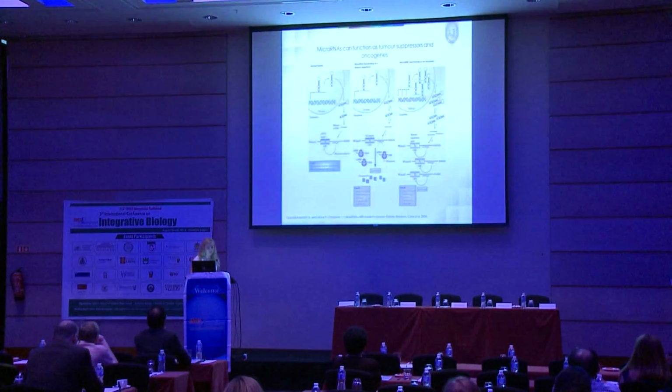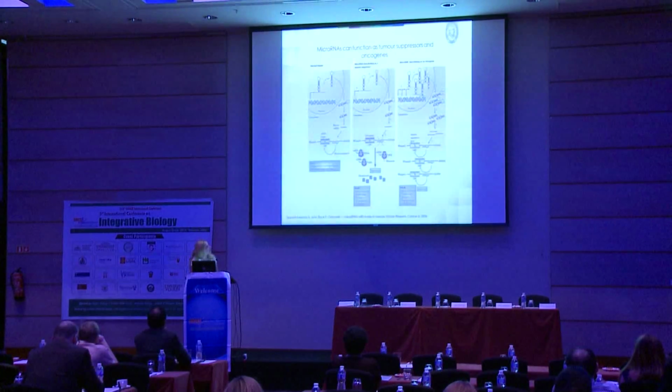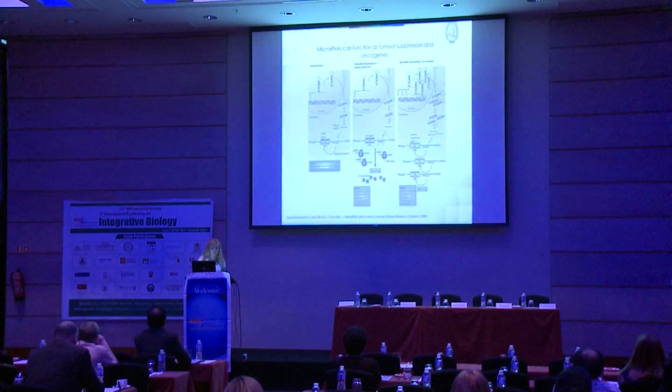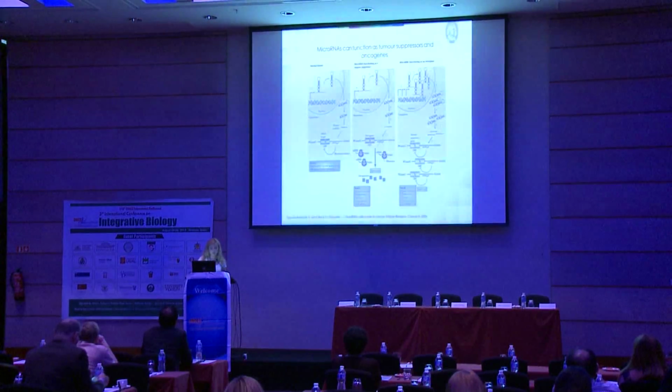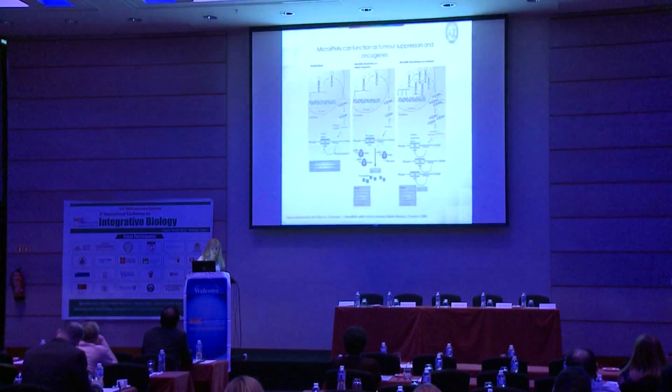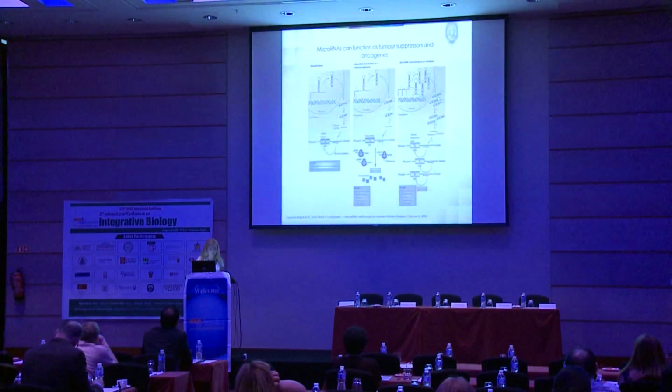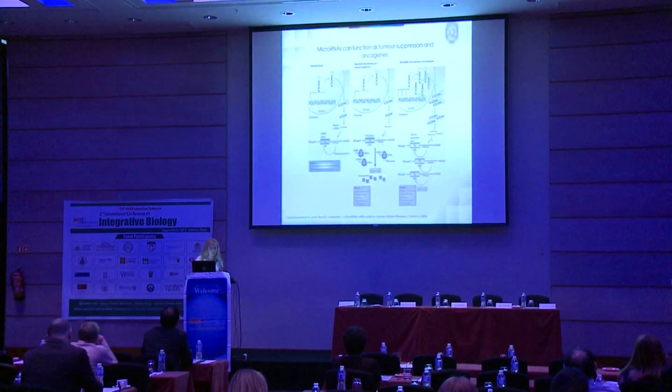When these microRNAs, which function as tumor suppressors inside the cells, are blocked, it results in tumor formation. But on the other side, when microRNAs are amplified and overexpressed, it could also result in tumor formation.